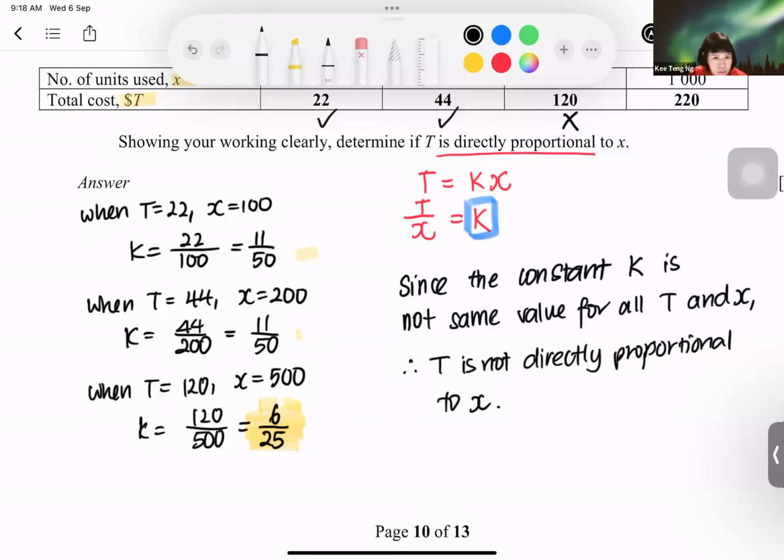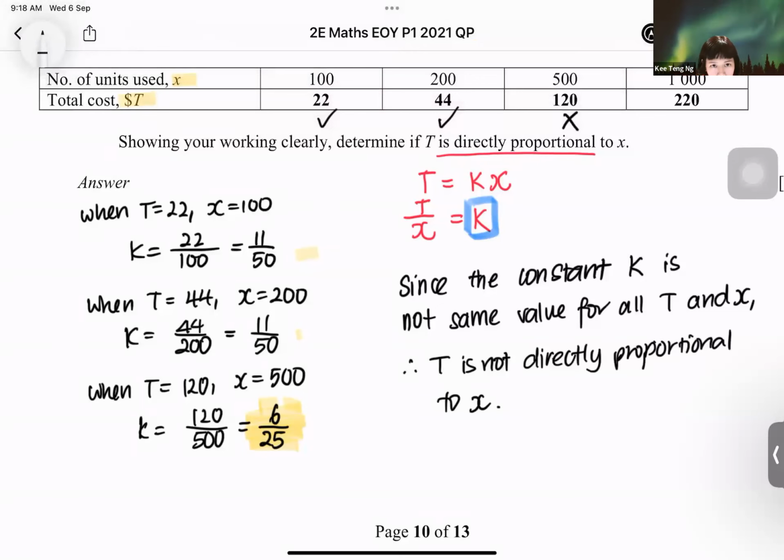Can take a look. So this one is very simple, straightforward. Something to sidetrack a little bit also.